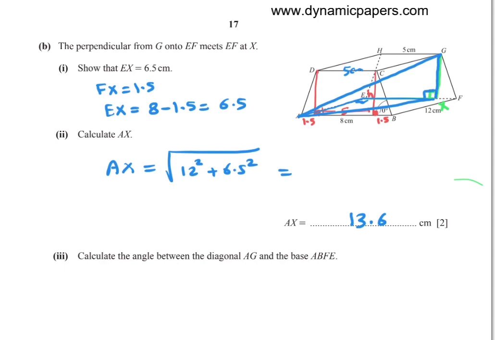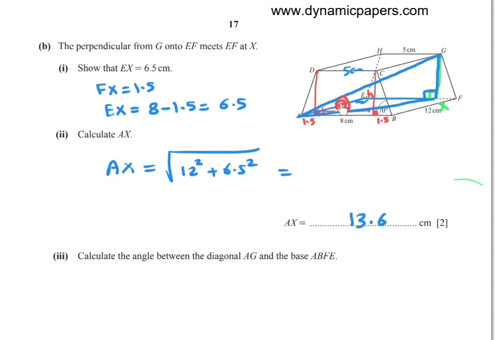We need to find the angle between AG and AX. We need to find this angle. We can call this angle theta. So we have the opposite, GX is the height. We have the height and we have AX. So we have opposite and the adjacent.